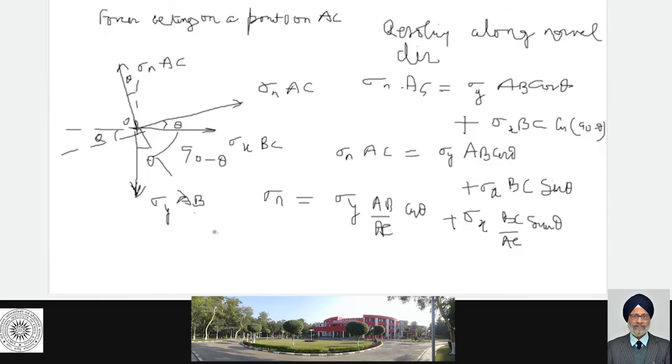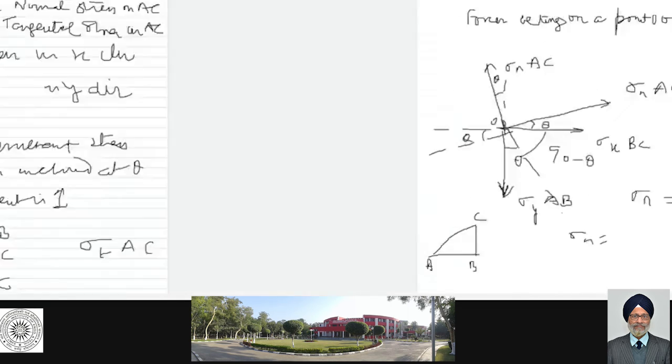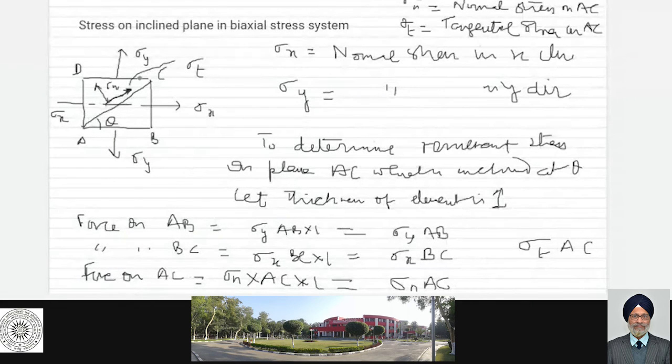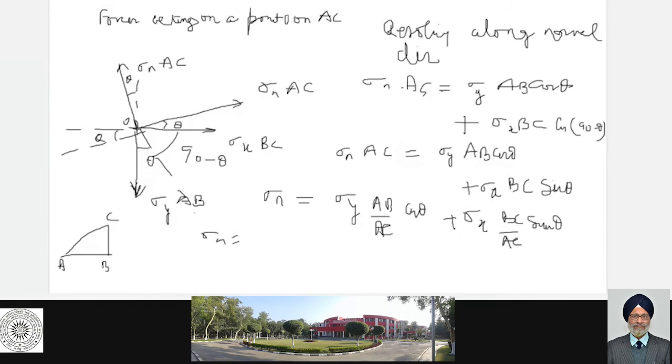Okay. So sigma n is equal to AB upon AC. So if you draw this triangle, say this is A, this is B, this is C. If you see here, in this triangle, this angle is theta.